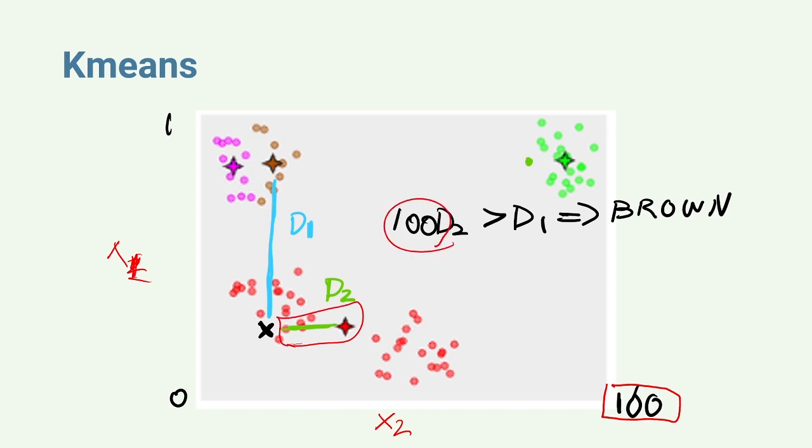This picture is kind of misleading, but what you'd have is that this point would be closer to the brown center. So this point would become classified as being brown, which of course would not make any sense. So that's why you have to apply scaling to the variables.